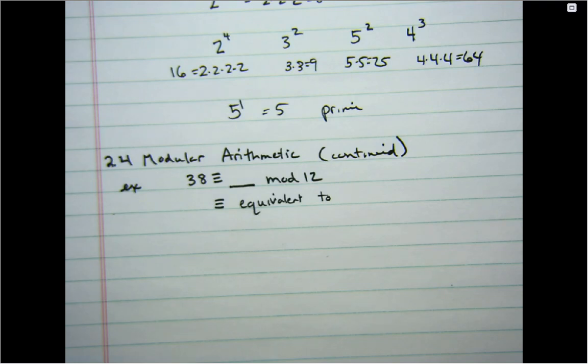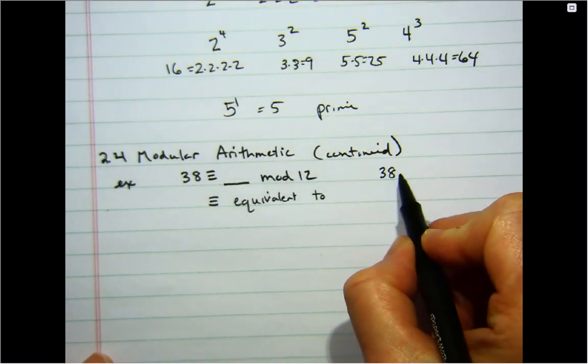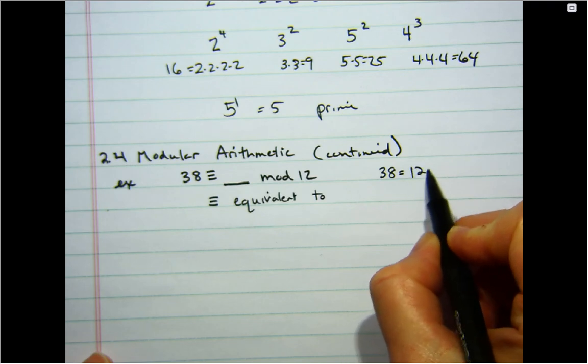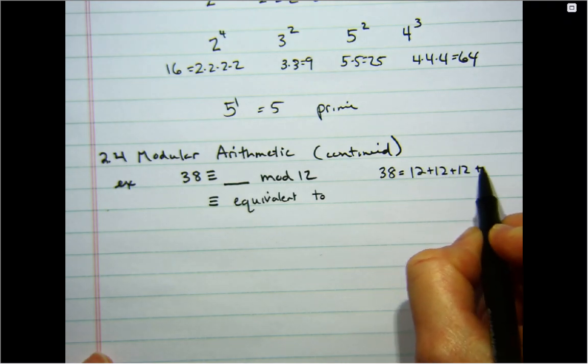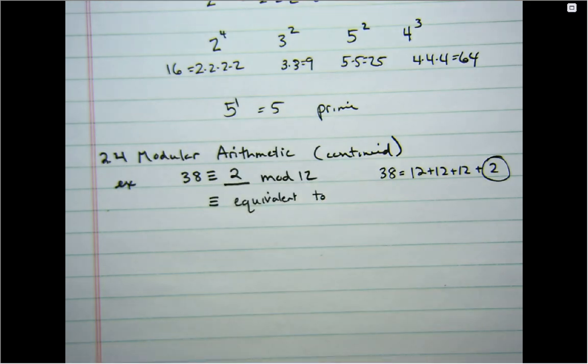With the 38 hours, we were taking out sets of 12, and that's why it says mod 12, because you're taking out multiples of 12. So 38 equals 12 plus 12 plus 12 plus 2. The answer is that 38 is equivalent to 2 mod 12.